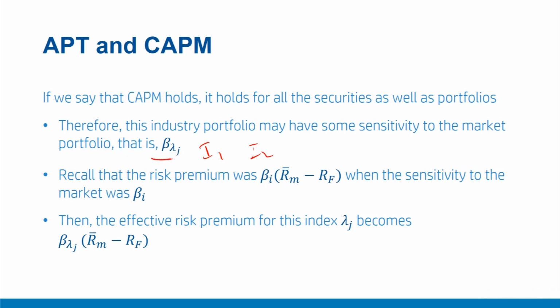Let's call this sensitivity beta lambda j. If you remember, the risk premium in simple CAPM was beta i times (Rm bar minus Rf), when the sensitivity to the market was beta i. So in this case, where the sensitivity is beta lambda j, the risk premium lambda j can be written as beta lambda j into (Rm bar minus Rf). The assumption here is that the industry portfolios like I1, I2 are also sensitive to the market.